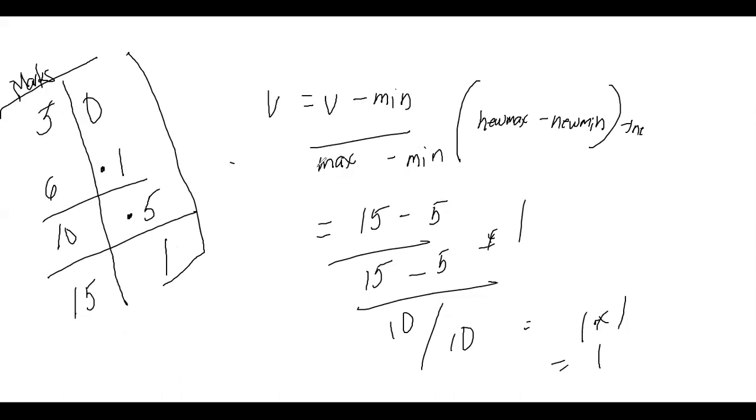So take note, class, that the formula for min-max normalization is: the value minus the min, divided by max minus min, multiplied by the new maximum minus the new minimum, plus the new min. Okay, so let's proceed to another.